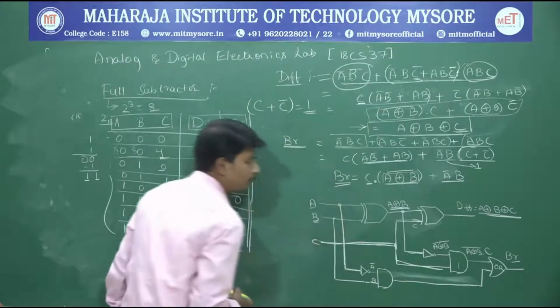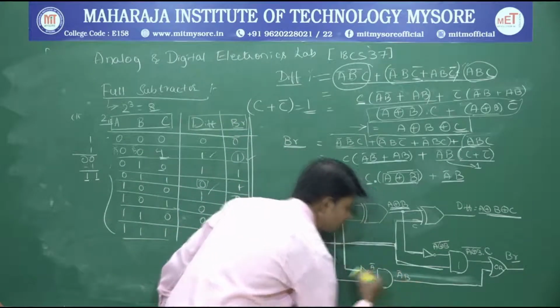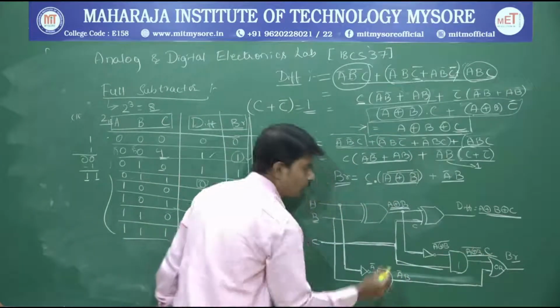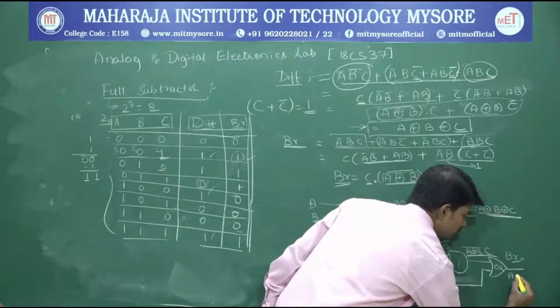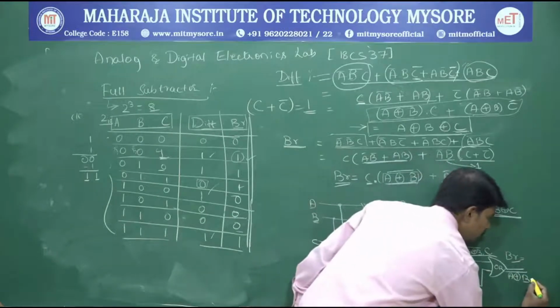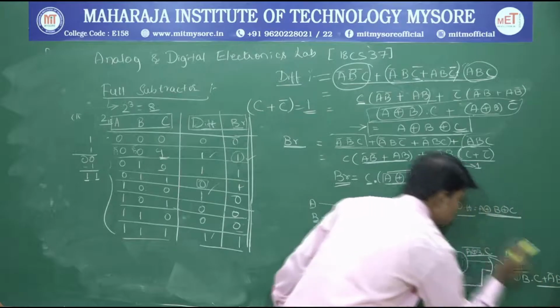Similarly, this is the B input. If we AND these two, we end up with A bar B. Now these two terms are ORed together to get the borrow equation, which is A XOR B whole complement into C plus A bar B.